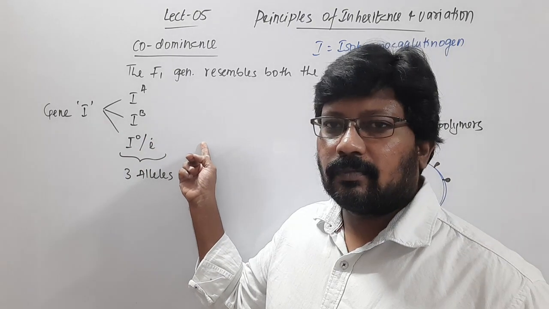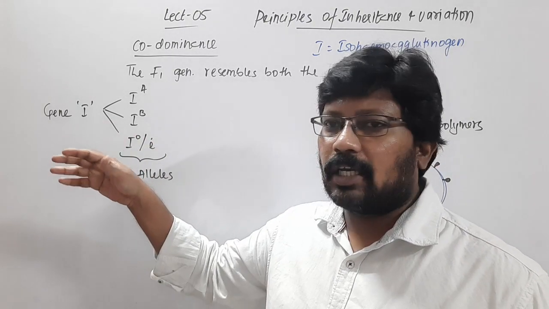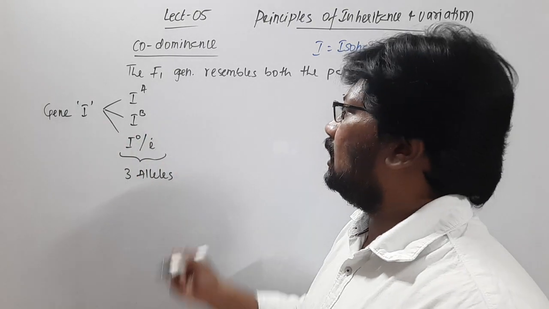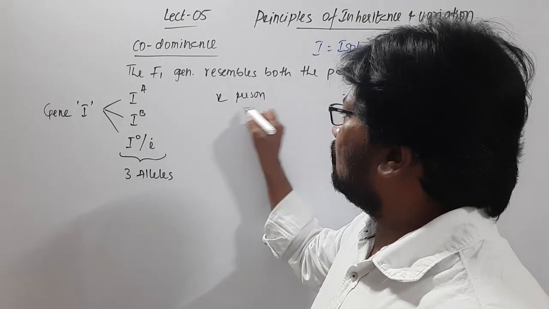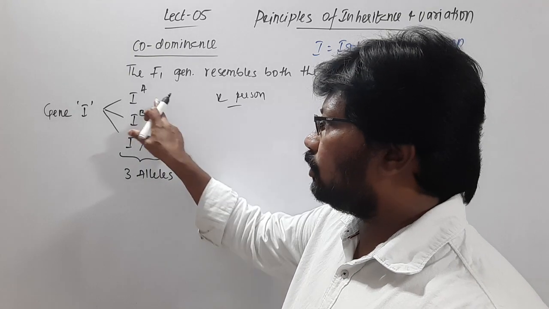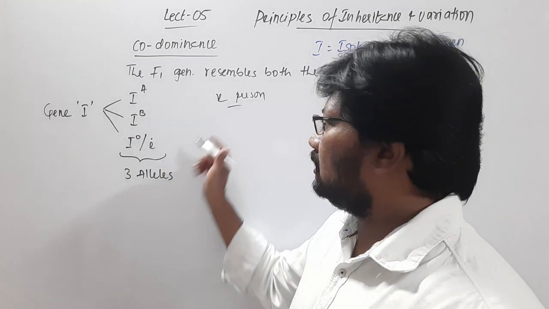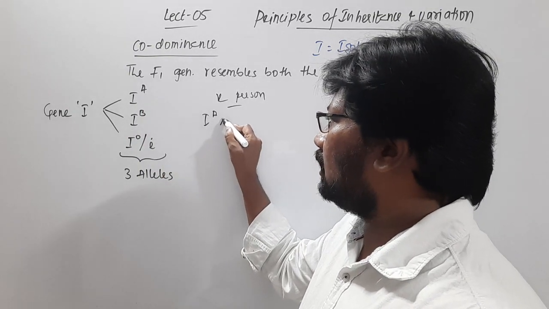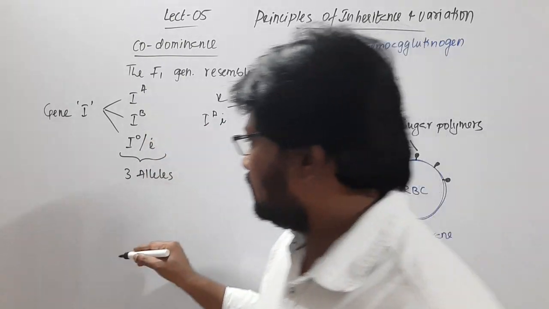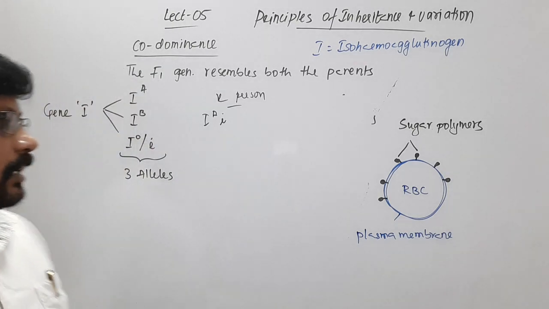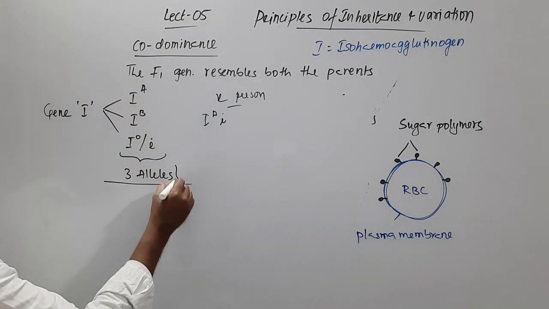If I'm talking about a particular person, say person X, then out of these three alleles, only two alleles will be present, maybe like IA and small i, but not all the three. So these three alleles are actually present in the population.